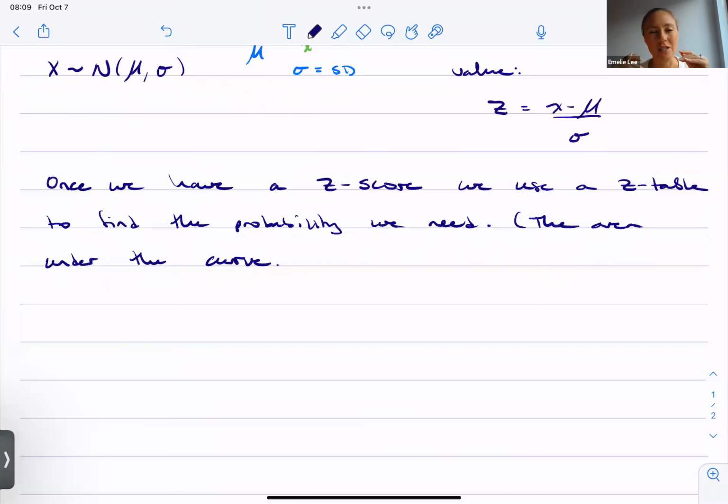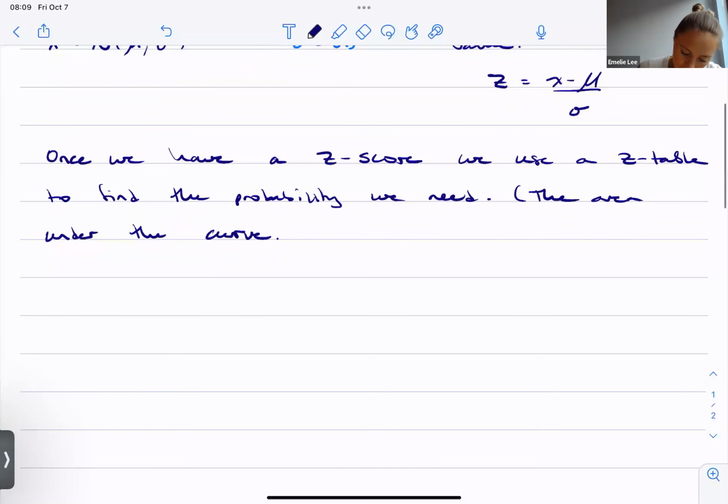Okay, so how I like to visualize this is through this chain. We have some observation and we turn it into a Z score. And how do we do that? We use Z equals X minus mu over sigma.